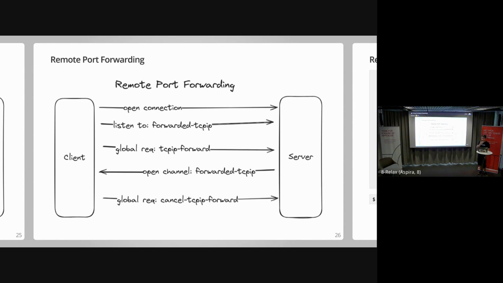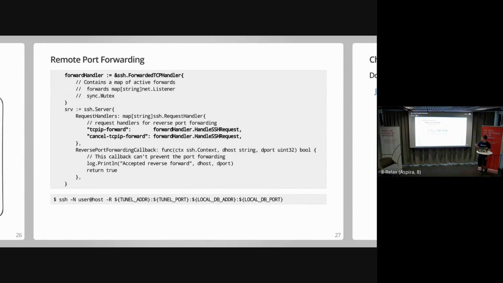Also, a good takeaway from this picture is that channels and even requests can be opened in both directions, allowing us to create complex and sometimes messy communication flows. And while the flow was more complicated than any of the previous ones, the implementation on the server side is not that bad, mostly because part of the complexity is offloaded to the client.